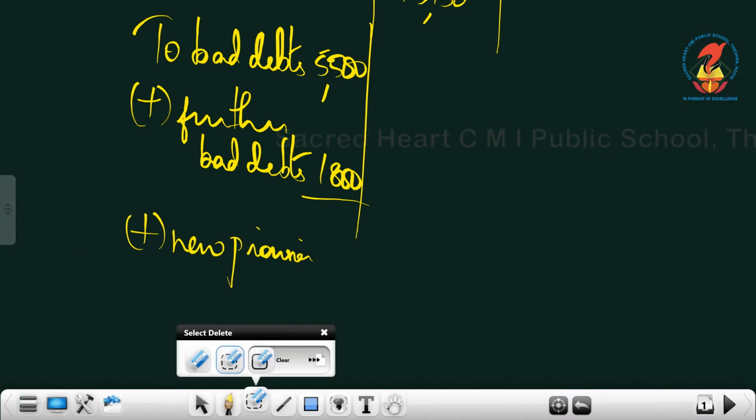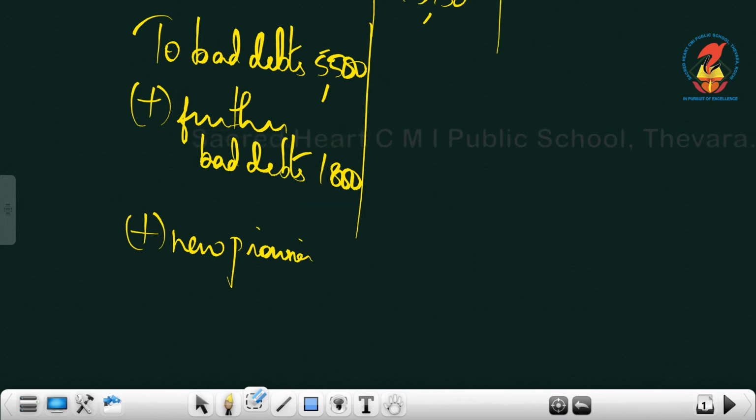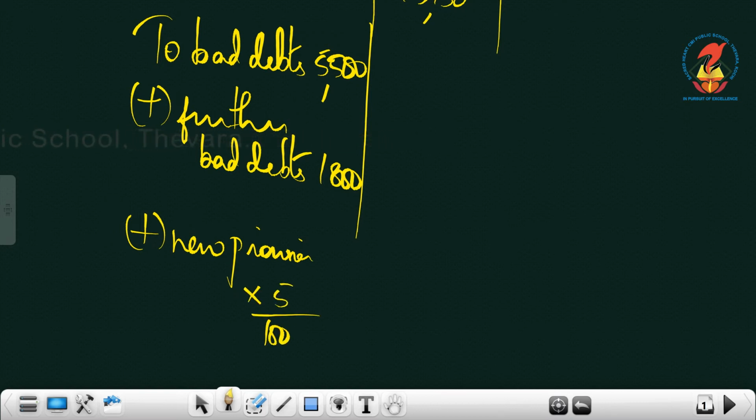All these amounts you add together. No need to draw a line now. So to bad debts, add further bad debts, add new provision. The amount of the new provision is not given. You have to compute 5% on debtors, and the debtors amount is 62,800.